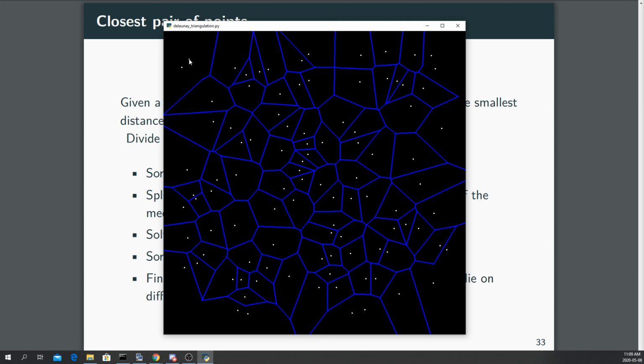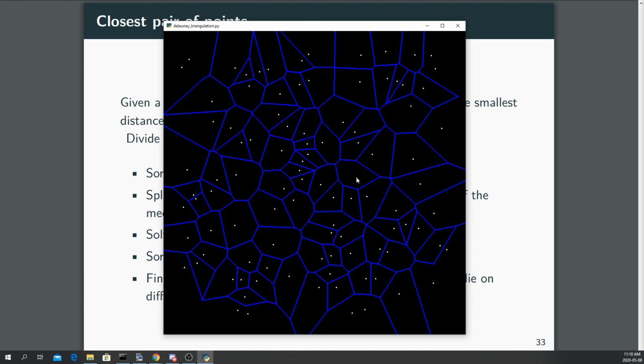What's supposed to happen here is we're supposed to have just a line which cuts between the midpoint of these two points. But each point is in its own polygon. Yeah, the Voronoi diagram forms a polygon for each point. So what's the closest point then?